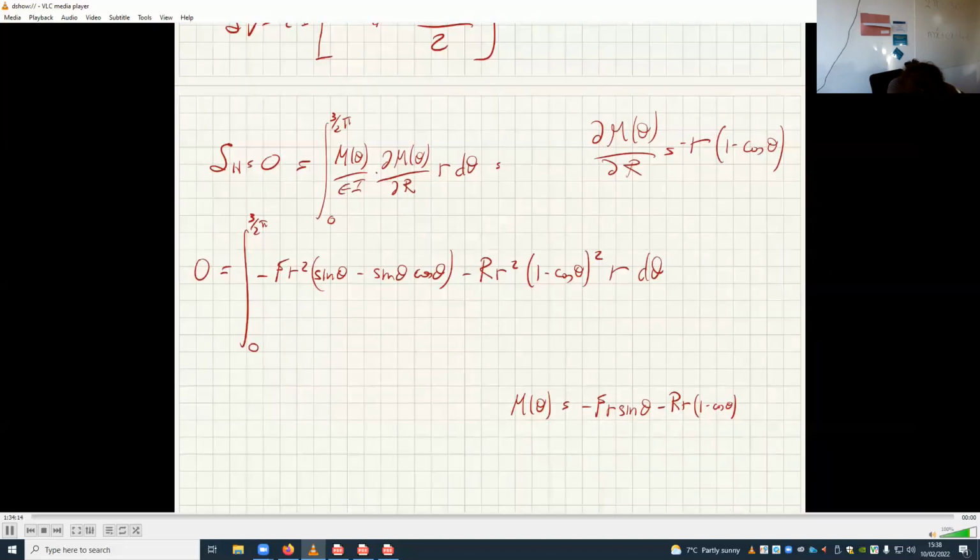Now this r gets me all these squared to cube, and there you go. Okay, don't need this anymore.